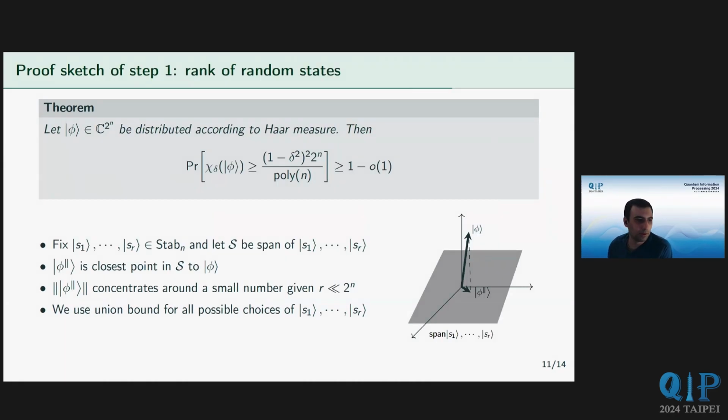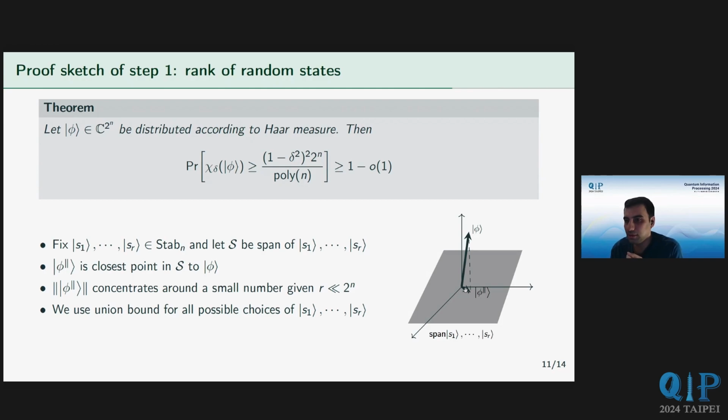The first step is proving lower bounds on the stabilizer rank of a random state. And for a random state, we prove that the stabilizer rank with overwhelming probability is at least 2 to the n over some polynomial in n. And the proof is not that complicated. We take some arbitrary stabilizer states S1 to SR, and we look at the span of these states. And we also look at the closest point to the random state in that subspace.